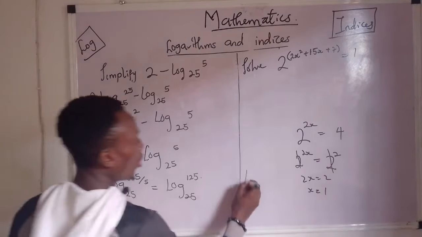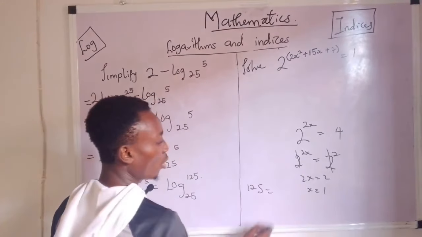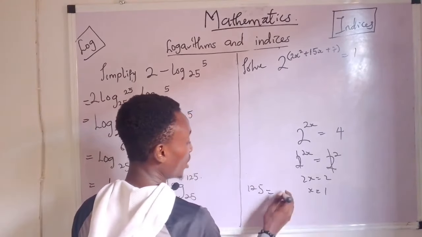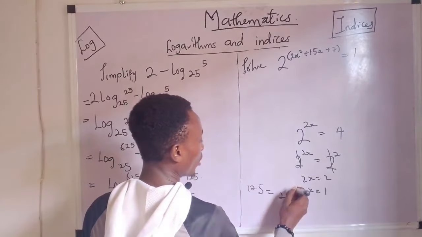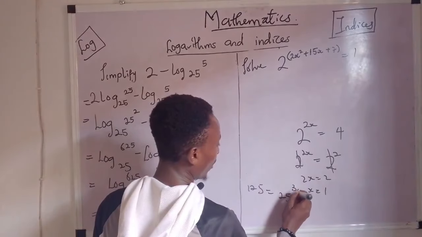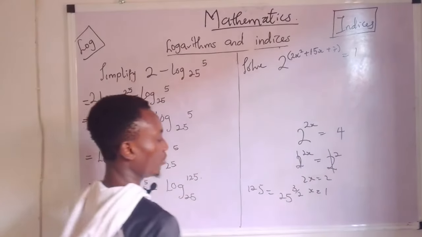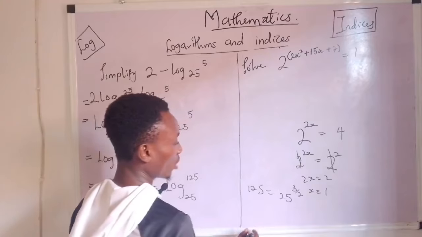Now, 125 as a number is actually 25 raised to power 3 over 2.